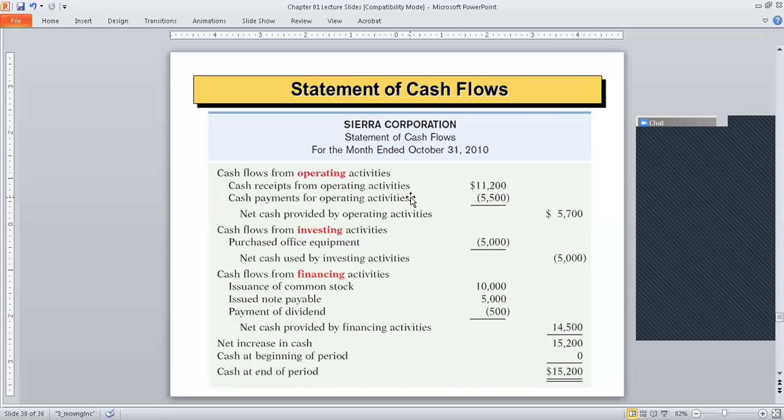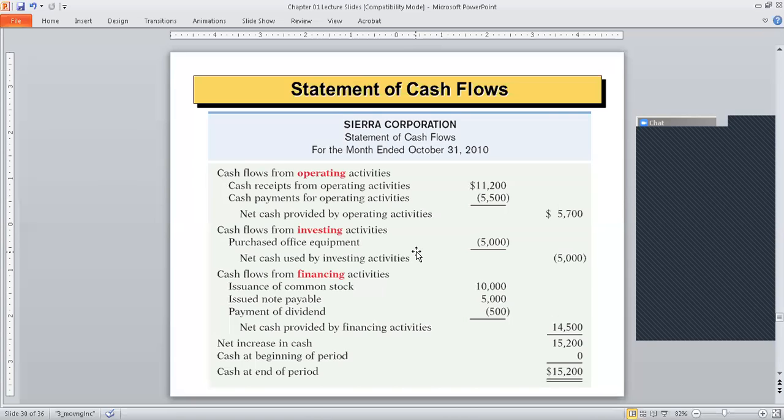Cash payments for operating activities, that's the cash basis version of expenses. So we don't use the same terms because revenue and expense are accrual accounting terms. And you won't see the words revenues and expenses anywhere on a statement of cash flows because it's a cash basis statement.